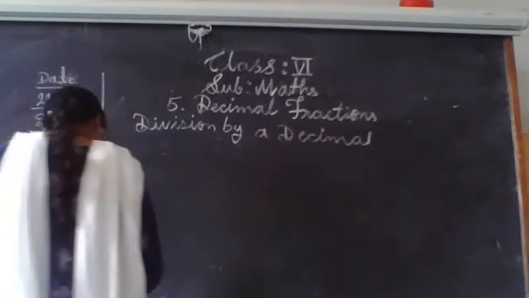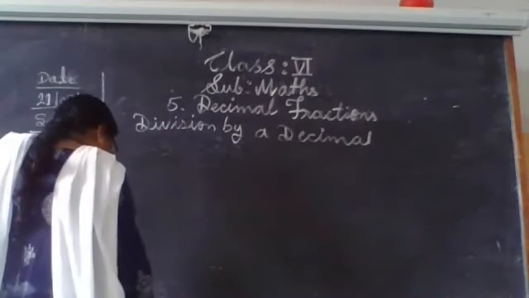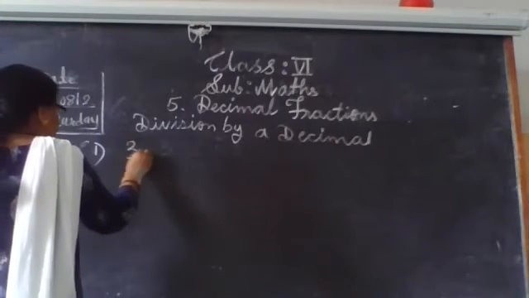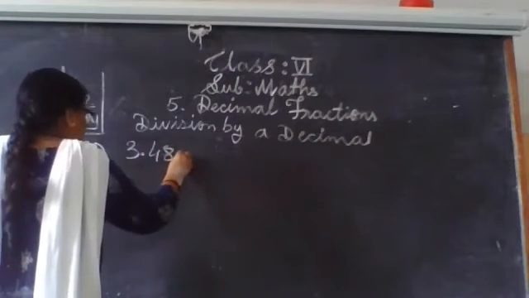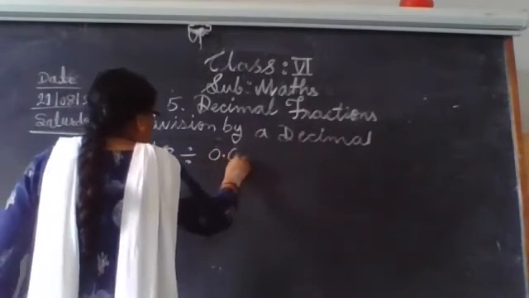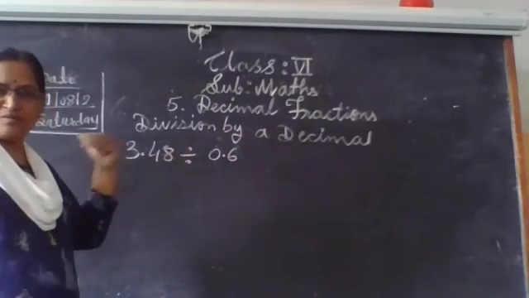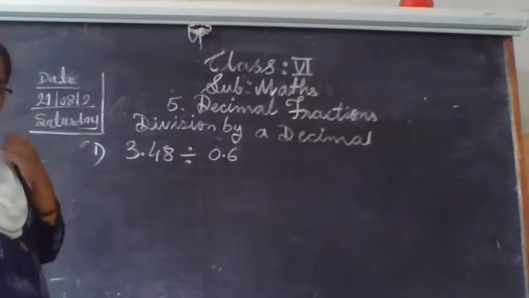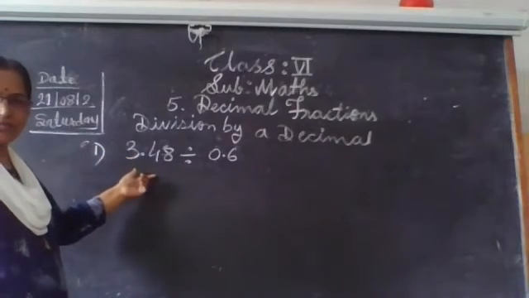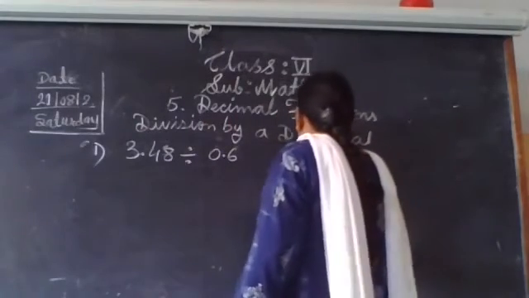And the question is 3.48 divided by 0.6. Now see children, here numerator and denominator both are decimal fractions. So what to do? See beta. First we will remove this decimal point. Okay, because you can't do it directly.